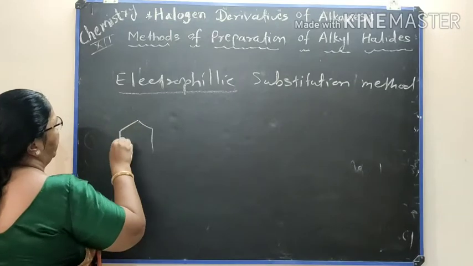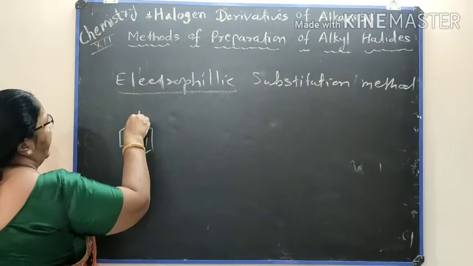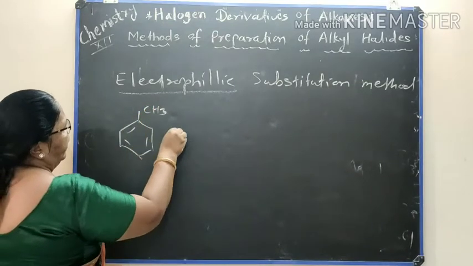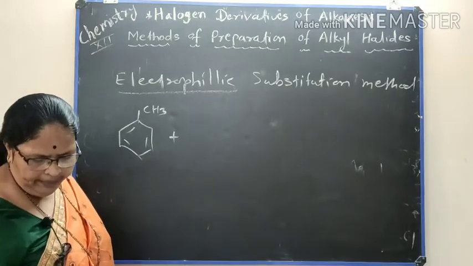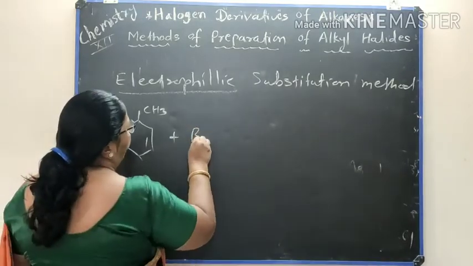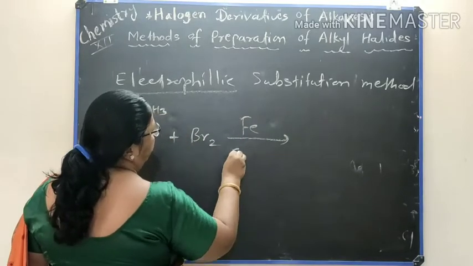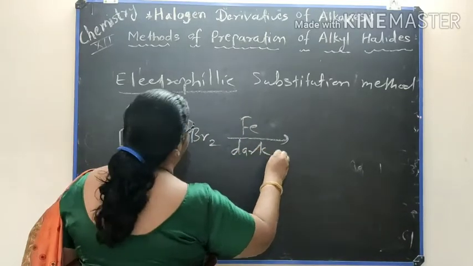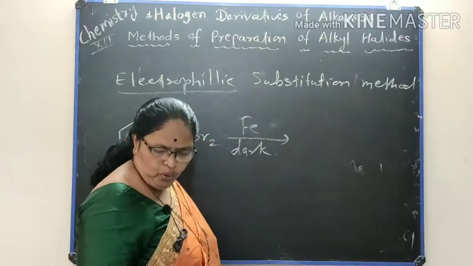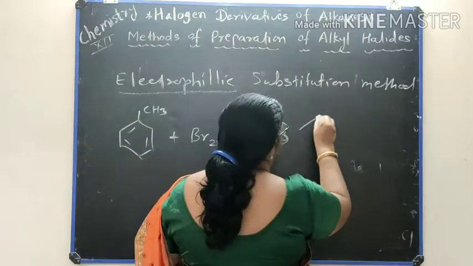What is meant by toluene? A benzene ring attached to CH3 is called toluene, and when this toluene is treated with bromine in the presence of iron in the dark, mostly two products are obtained.